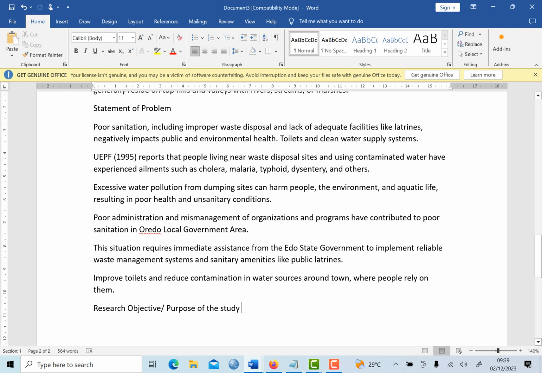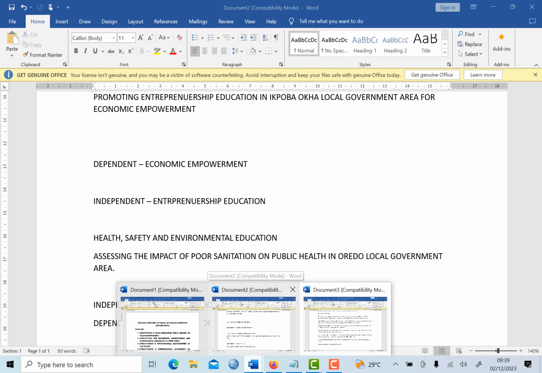From the statement of the problem, you can see that it was trying to tell you that waste disposal is one of the factors of poor sanitation. You understand? And mind you, our topic is assessing the impact of poor sanitation on public health.